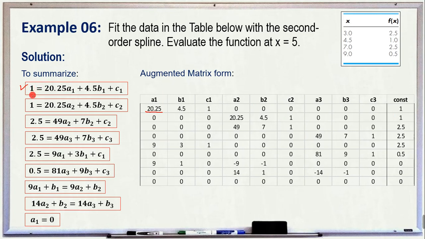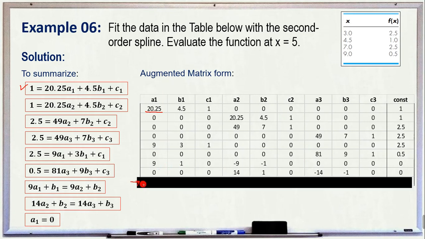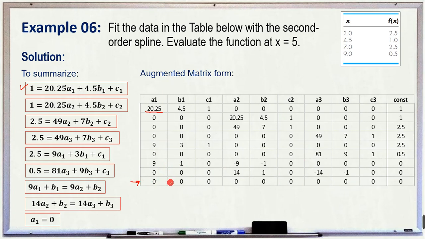Now, make sure that as you modify each of these 9 equations, see to it that the constant must be on the other side, not on the side where the variables are located. Okay, so once you have generated the augmented matrix form, the next step is we are going to eliminate the last row, because it contains 0, 0, 0, so that we can reduce the size of our matrix.